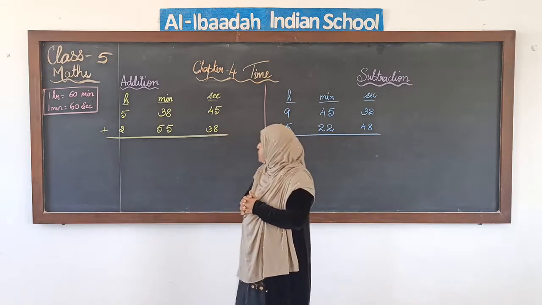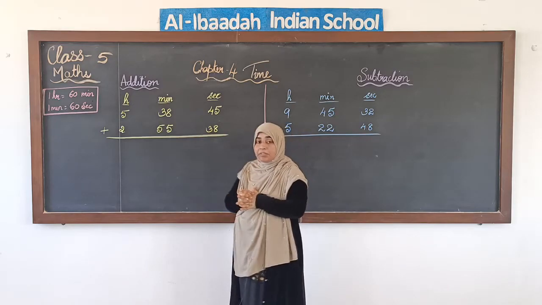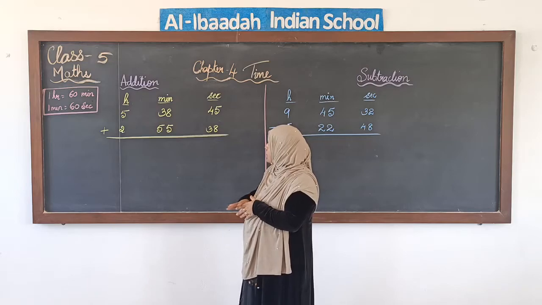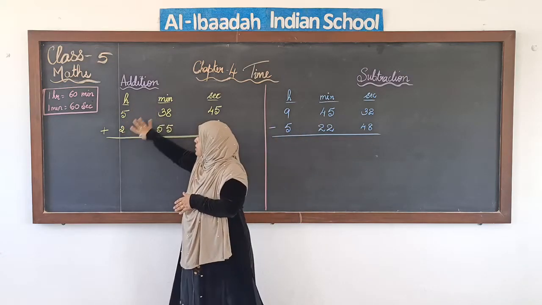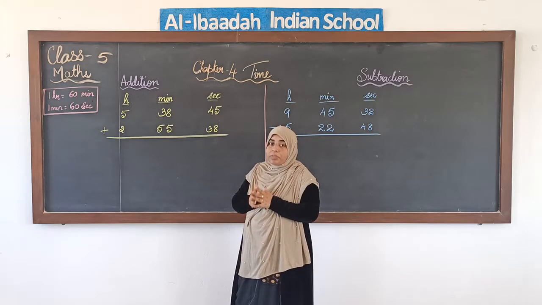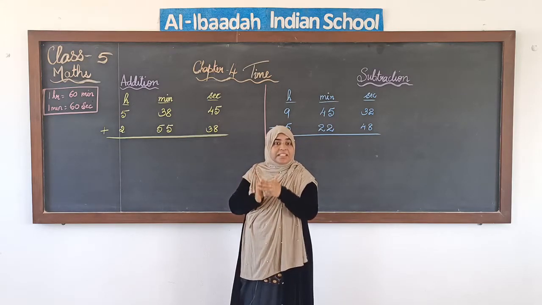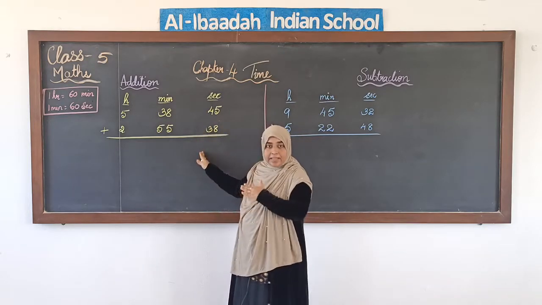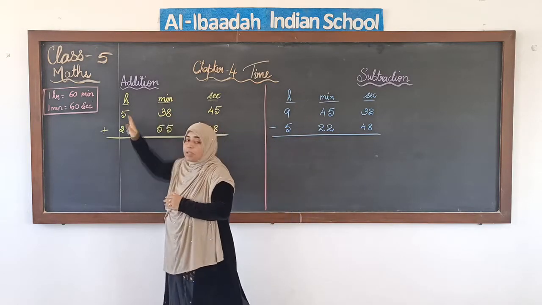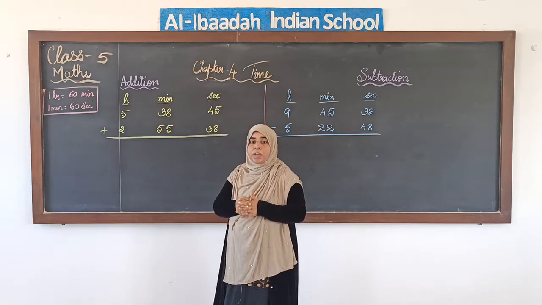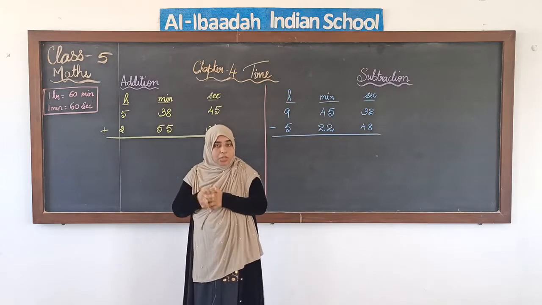You can see on the board, the first thing we are going to do is addition. Here I have hours, minutes and seconds. We are going to add these three separately: seconds separately, minutes separately and hours separately, and then we will see how we convert seconds to minutes and minutes to hours.